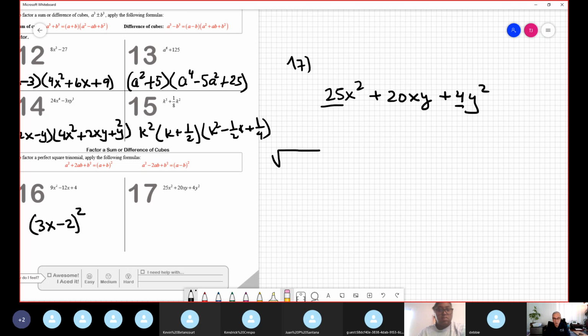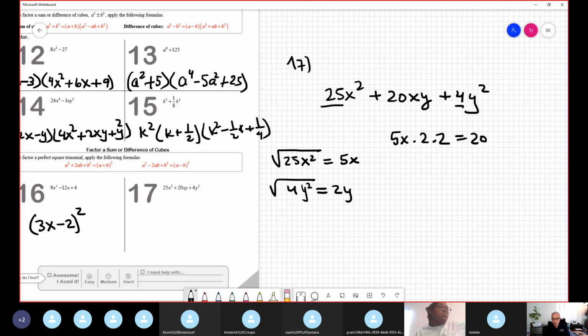Nice. And the square root of 25x squared is 5x. And the square root of 4 is 2. And you multiply 5x times 2 times extra 2 is 20. 20, wait, this I forgot here. The square root of y squared is y. Entonces es y here.